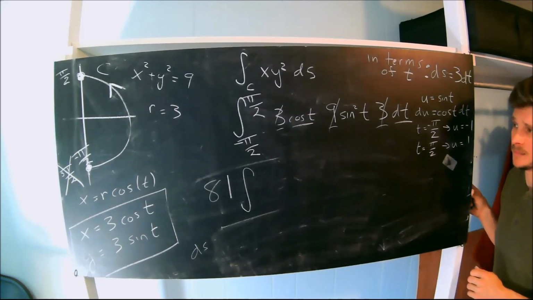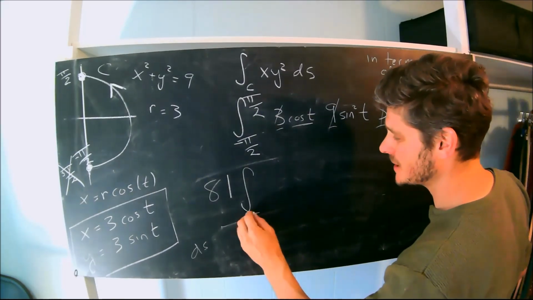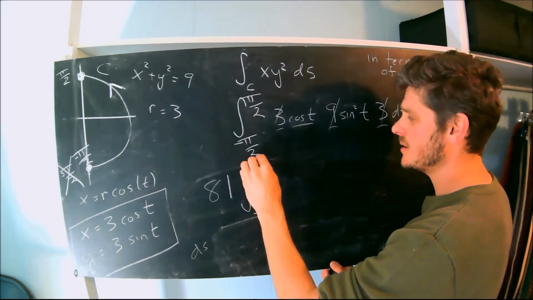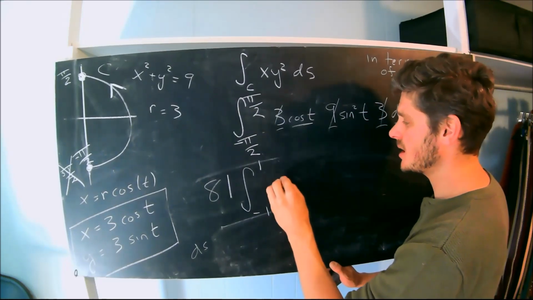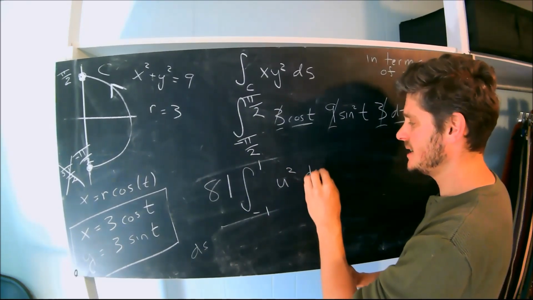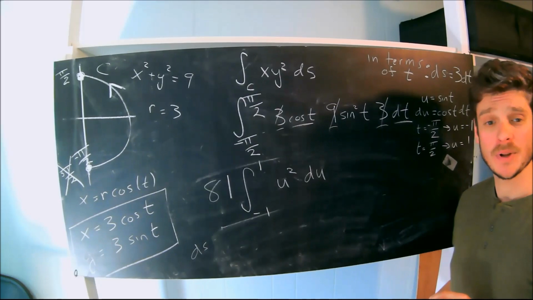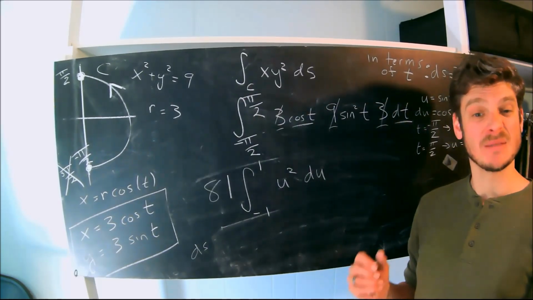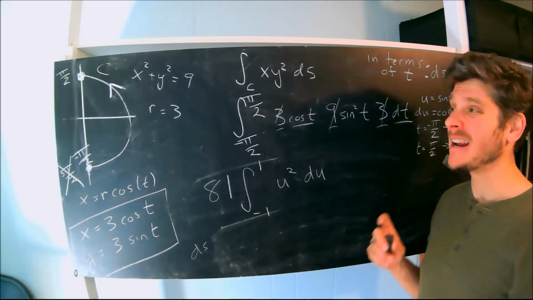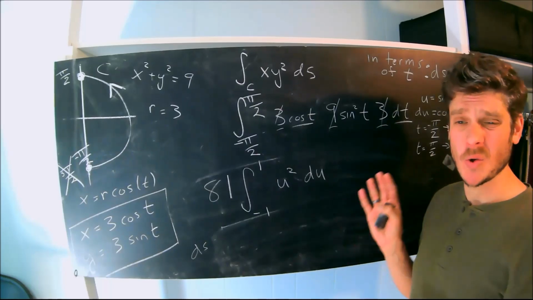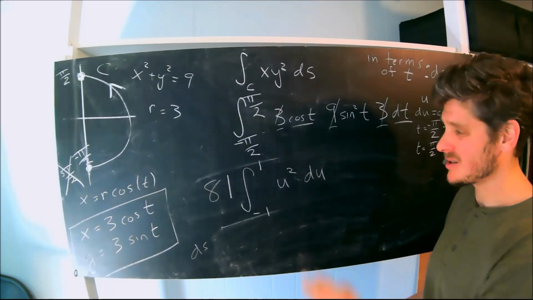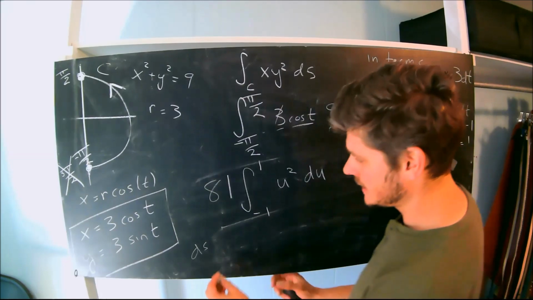Sine of pi over 2 is 1. Alright, so now I'm integrating from negative 1 to 1. I have u squared du. And hopefully this is, again, a very simple integral. And that's the key, right? How can I parameterize? How can I turn this whole thing into something that is manageable?